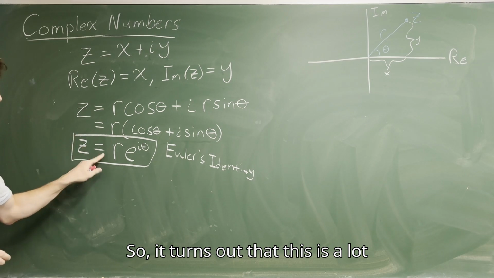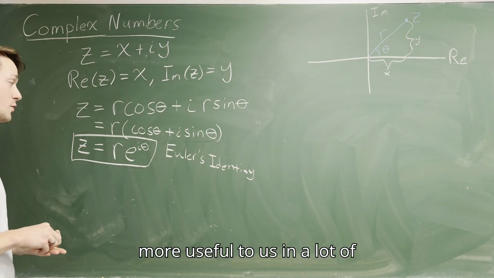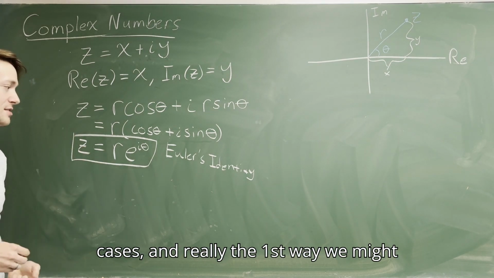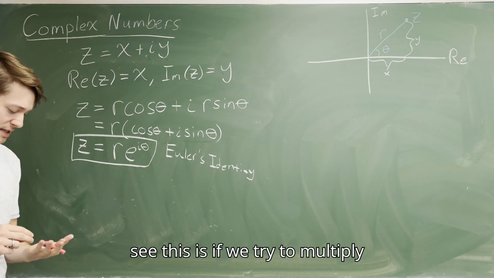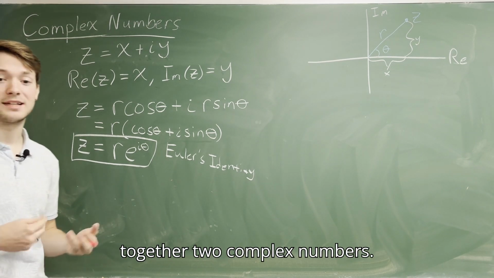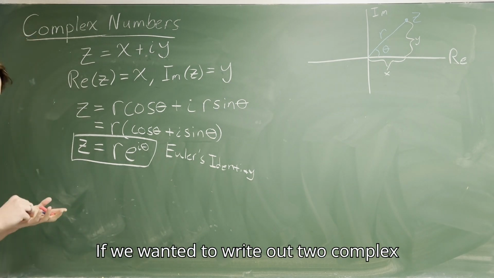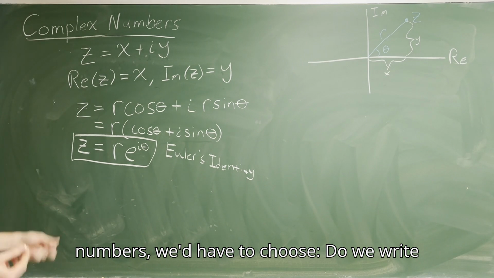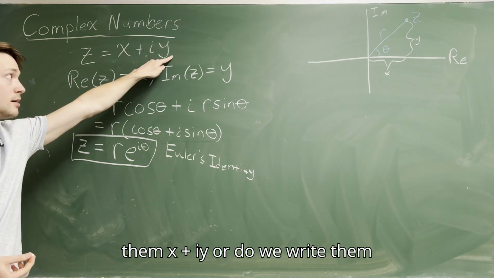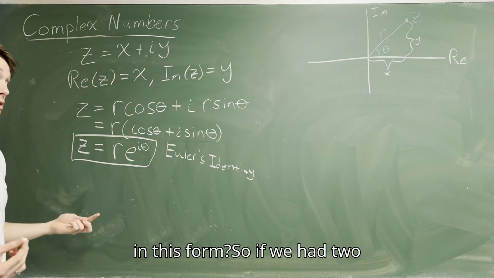So, it turns out that this is a lot more useful to us in a lot of cases. And really the first way we might see this is if we try to multiply together two complex numbers. If we wanted to write out two complex numbers, we'd have to choose, do we write them x plus iy, or do we write them in this form?